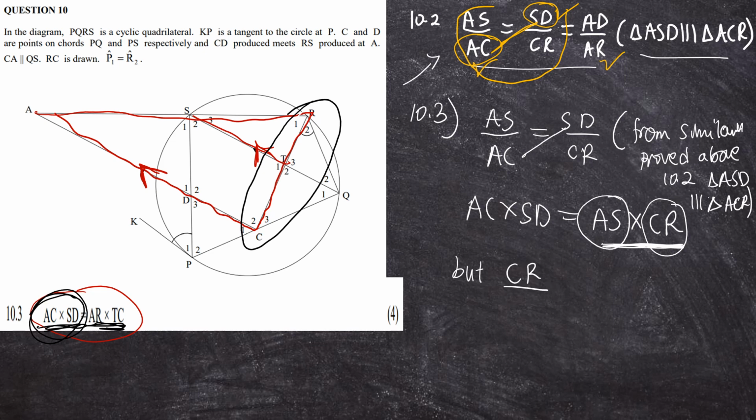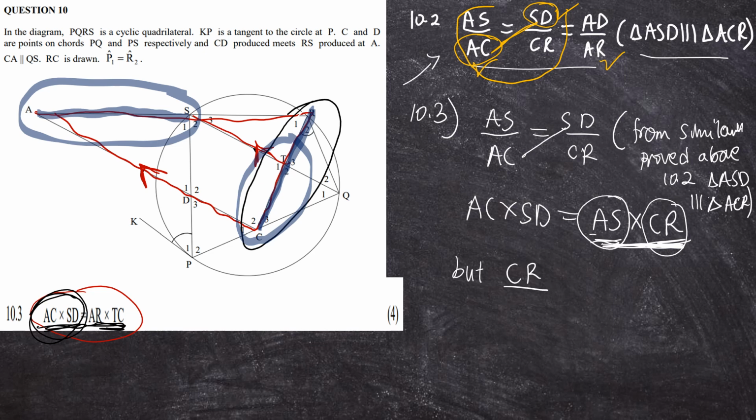Okay, basically we can refer to this because this one is CR and AS, so it's actually this bigger one here, CR, and AS, which is the smaller one. So if we are saying CR, we'll also choose the other smaller one, this side, so that it will be proportional to AS there. Okay, so then I'll say CR over what? Over CT, or TC, will be the same. It's for this side, right? It's for this black side here.